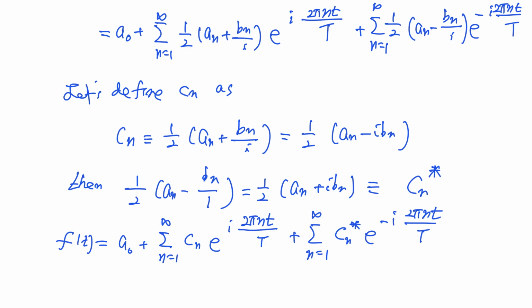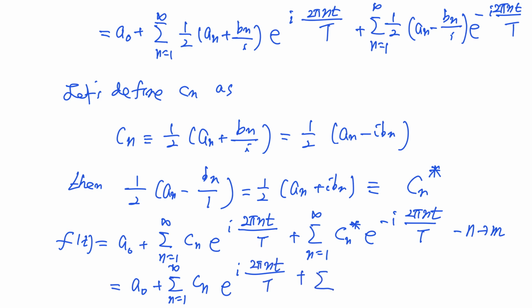So if we change the index by replacing minus n with some other integer, then the second summation can be represented as Cn exponential i 2 pi n t plus, now the summation must be over the negative integers, right?